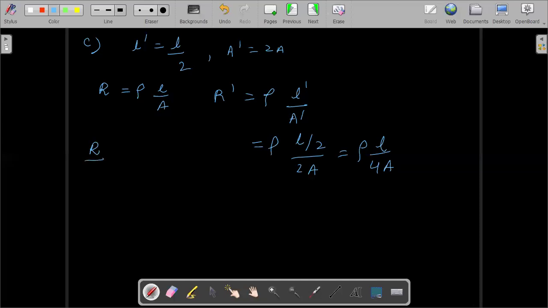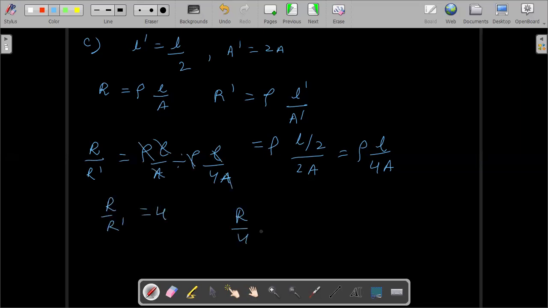You get R over R dash to be equal to rho L by A divided by rho L over 4A. So rho and rho cancel, A and A cancel, and R over 4 is equal to R dash. R is 10, so you put 10 over 4, that is 2.5 ohm.